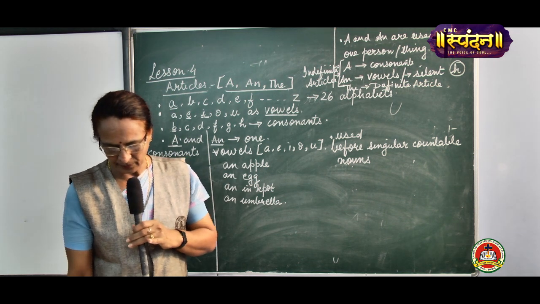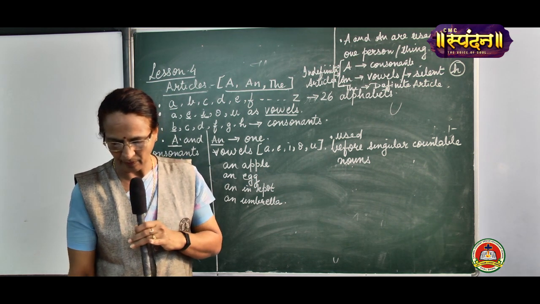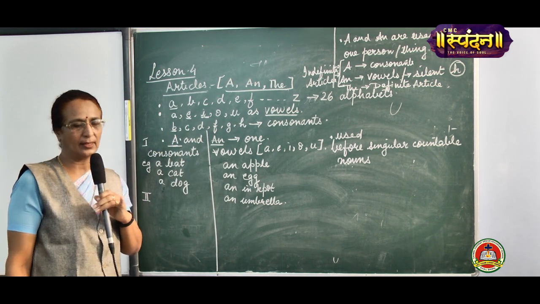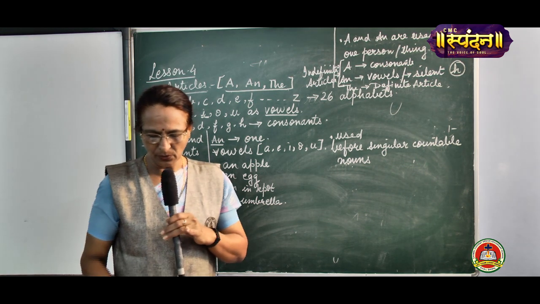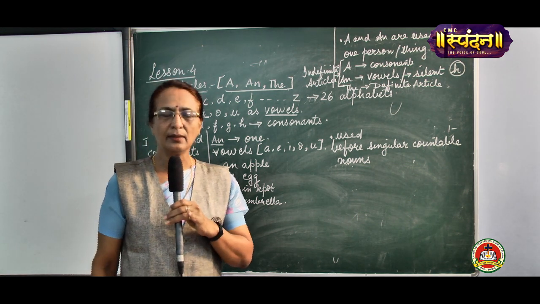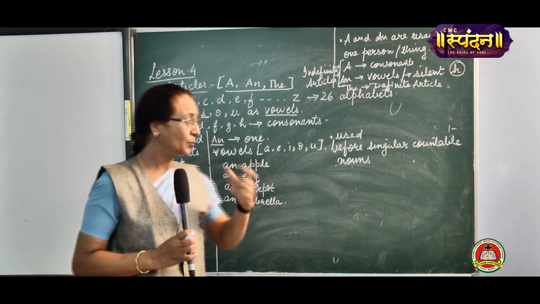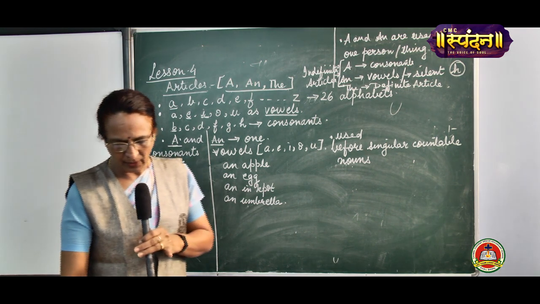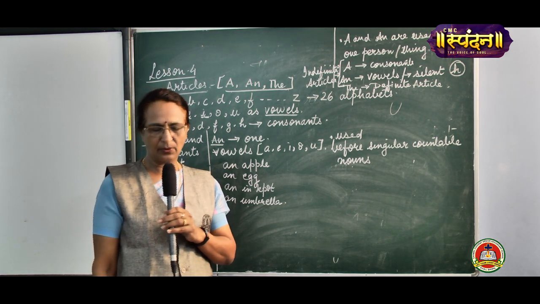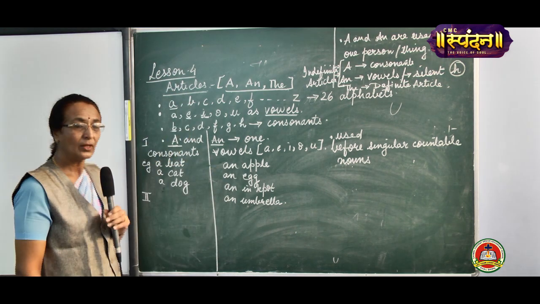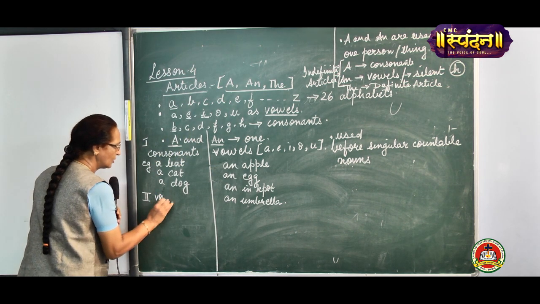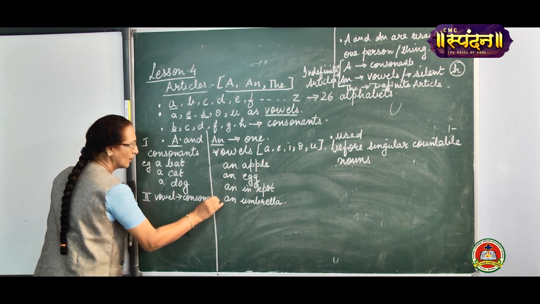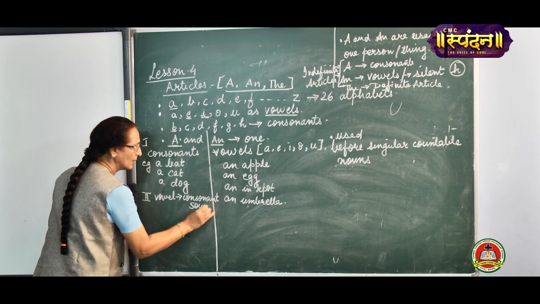Now, it is very clear that a and an are articles used before singular countable nouns which begin with a consonant sound. The second important point: a is used before a singular countable noun which starts with a vowel but has a consonant sound.